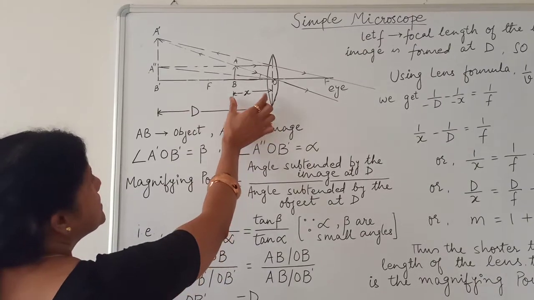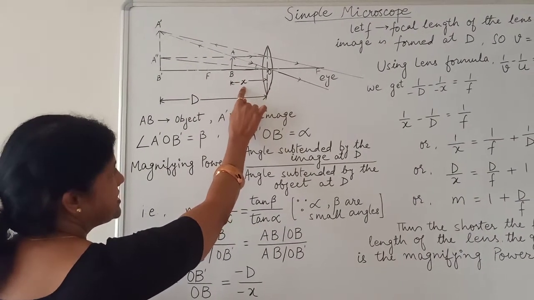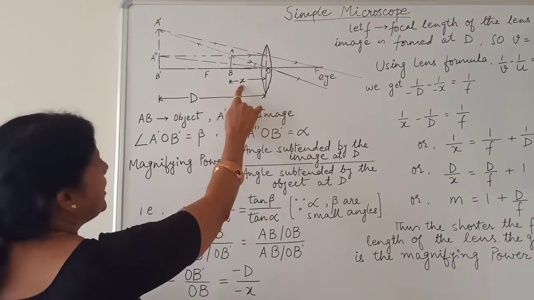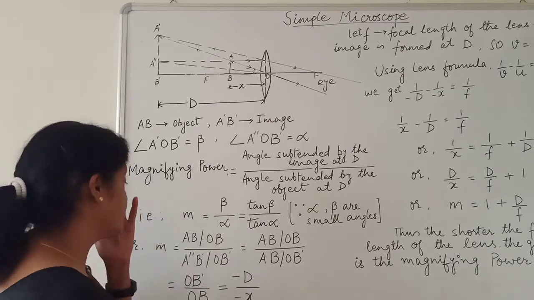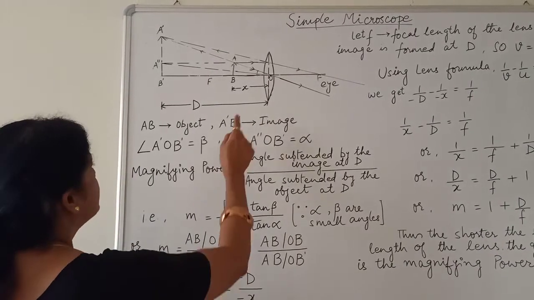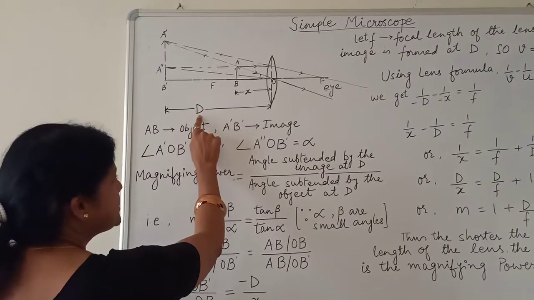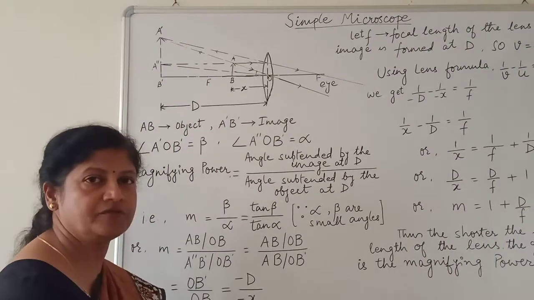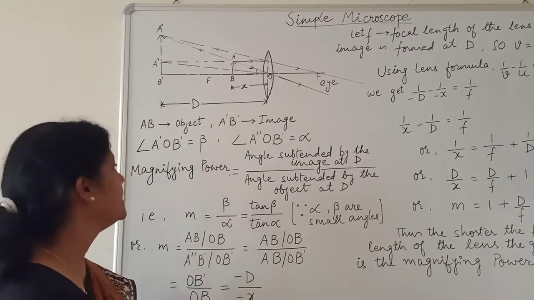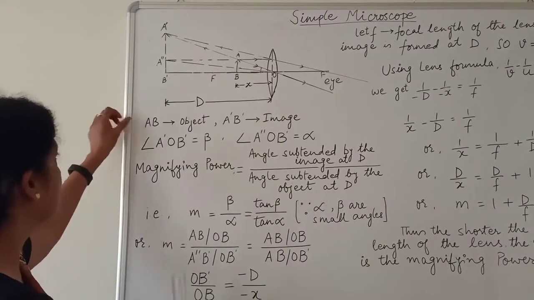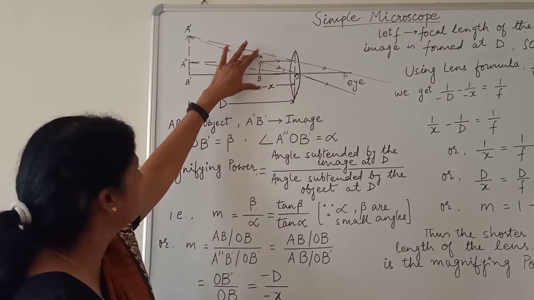See the object distance. Here we have considered it as x. Small f is the focal length of the lens, and D is the least distance of distinct vision, equal to 25 centimeter. Now see, AB is the object.